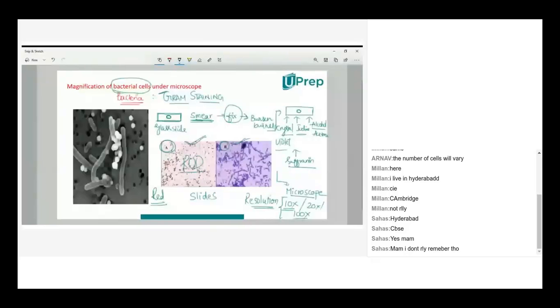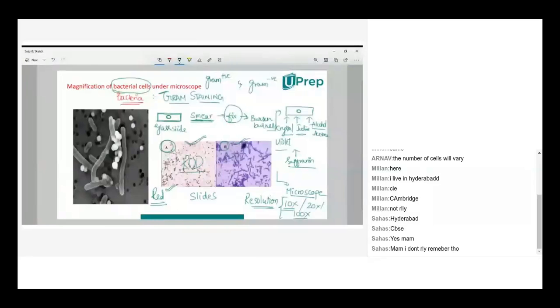If red color is not observed, you may observe this purplish violet color, rod-shaped structures. Either this or that you will observe. Based on that, you will call them gram-positive bacteria and gram-negative bacteria. Actually, the question was very simply asked: gram-positive and gram-negative staining is related to, that's all.